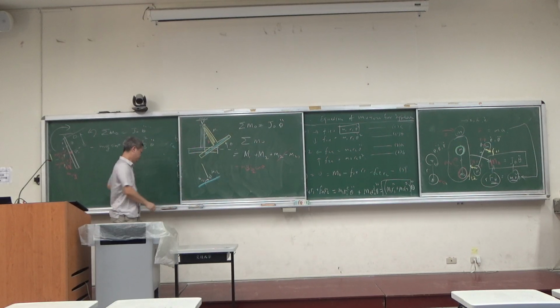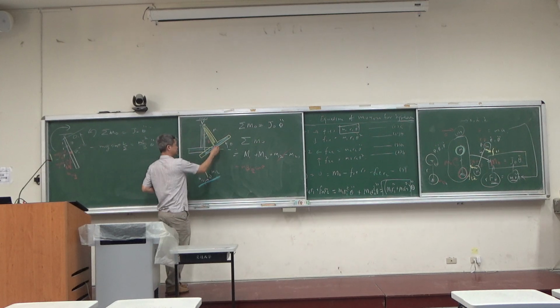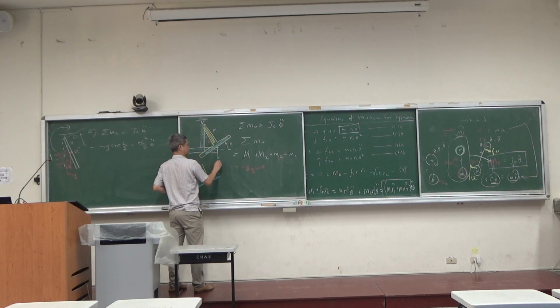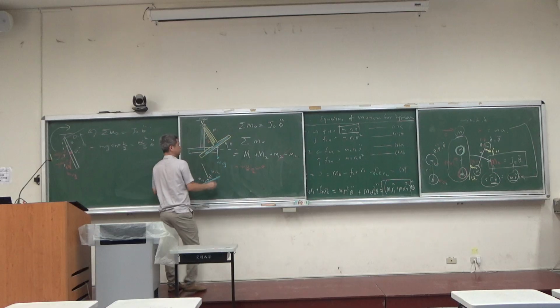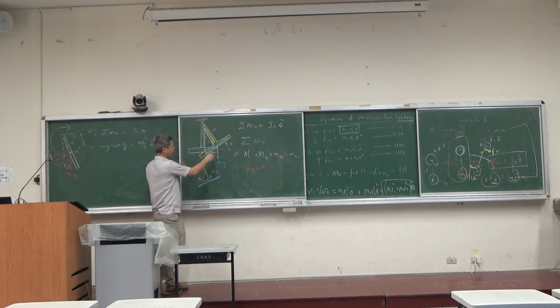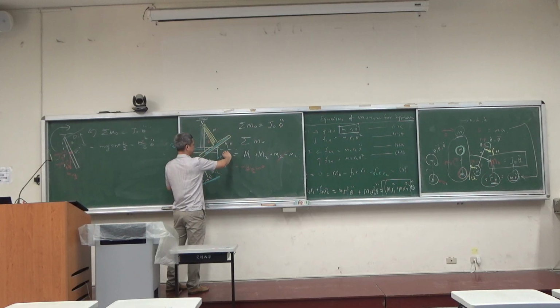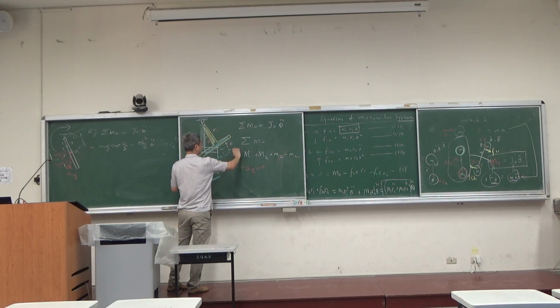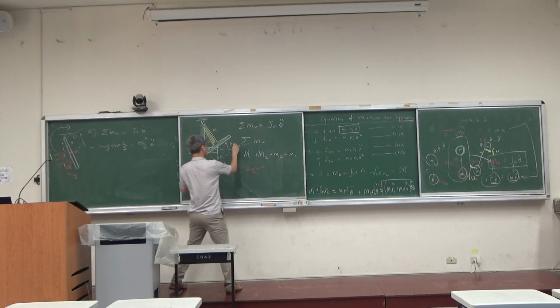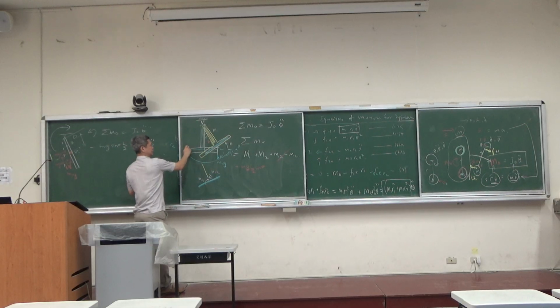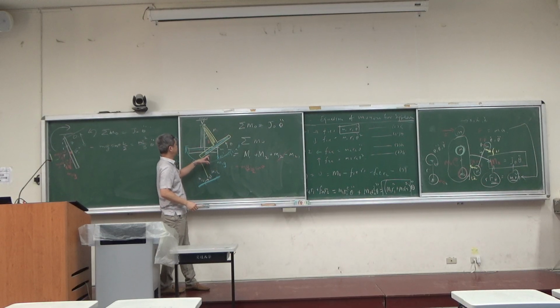How about moment 2? Moment 2 is due to this part, M2g. Look at here. M2g also has a tangential component, but this is M2g sine theta. Again, this moment, in this case, is clockwise, opposing our coordinate.